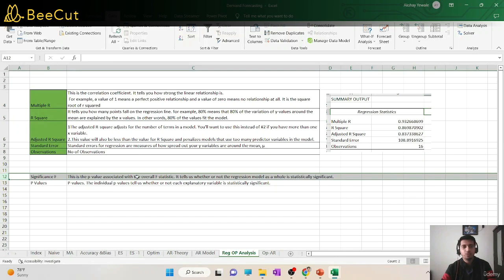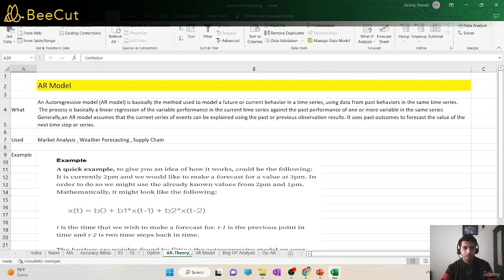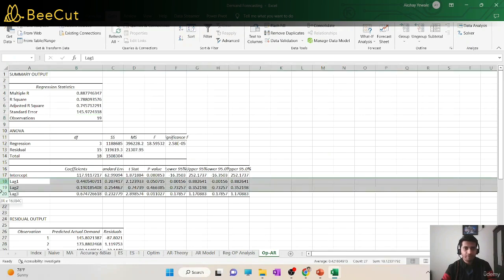This is the p value associated with the overall model. Next is the p value, which tells how significant the variable is and how explanatory it is. Now here we have different p values.